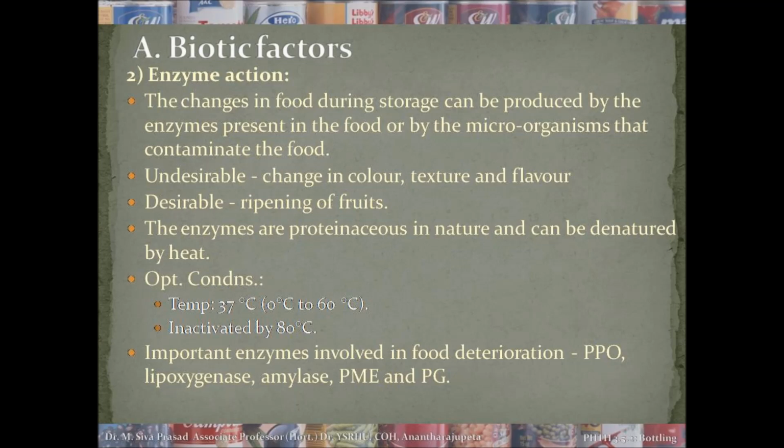So these enzymes can be denatured by exposing them to very high temperatures. Most of the enzymes involved in food deterioration include polyphenol oxidase, amylases, pectin methylesterase and polygalacturonases.